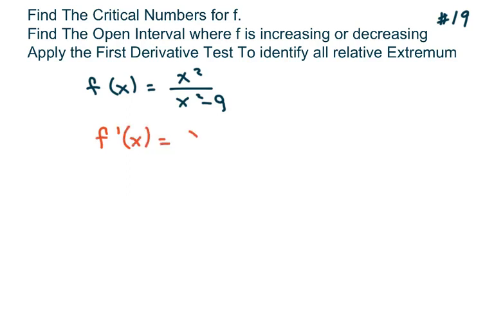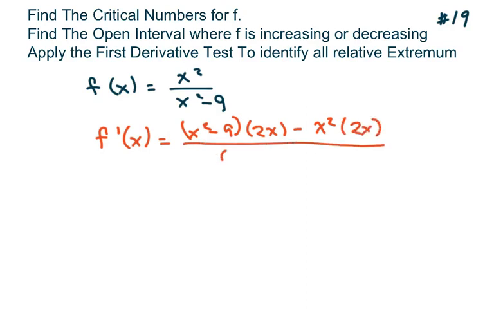I write down my denominator times the derivative of the numerator minus my numerator times the derivative of the denominator, all over x squared minus 9 squared.